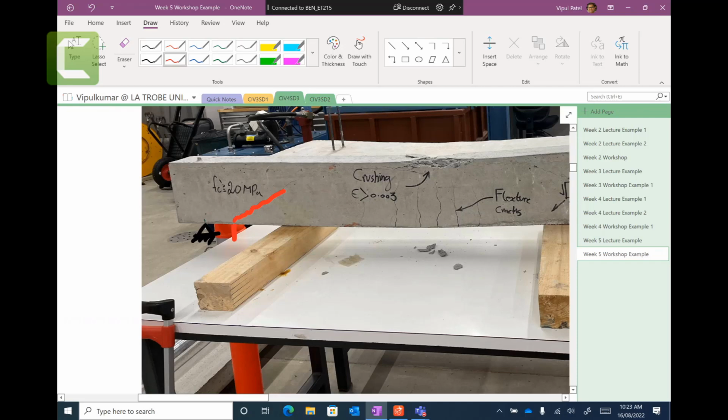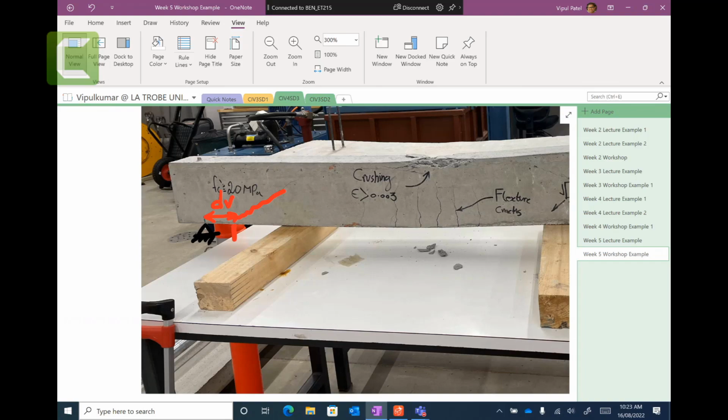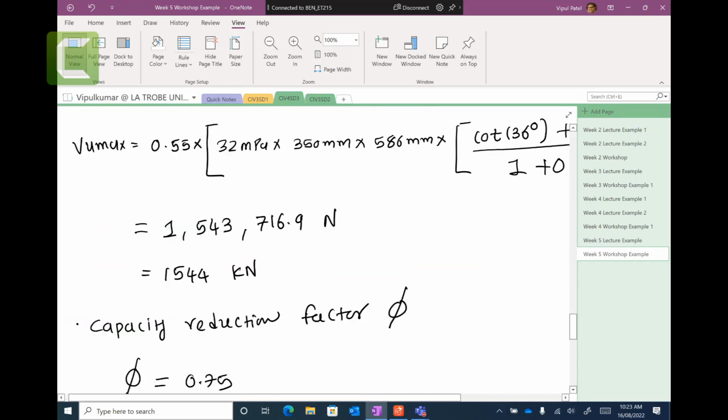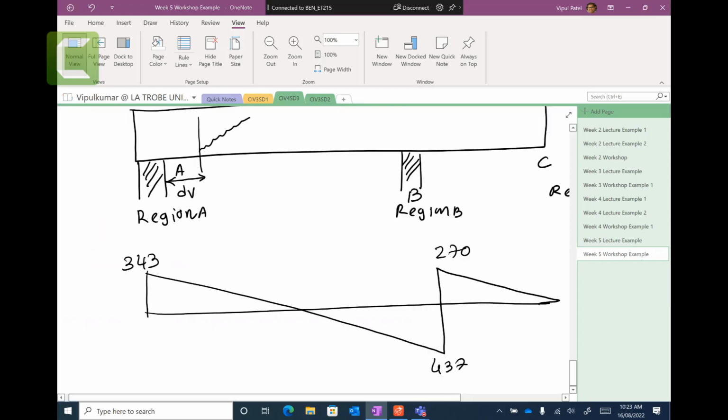Look at this crack start. Crack is not started here, right? Not at the support. So it has some distance dv that the crack will start. Also proven in our experiment, as you can see. So for that case, we will say that this 343 for these regions V star, we can reduce it to here.